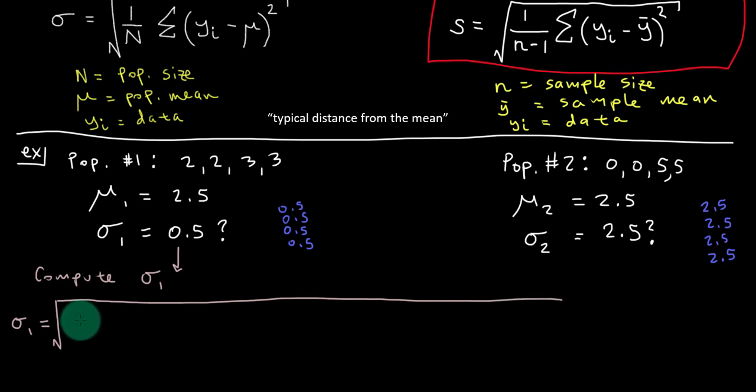The second to last move will be the division by the population size. There were 4 values here, so that would be division by 4. The bulk of the work is going to occur in this sum of squares.